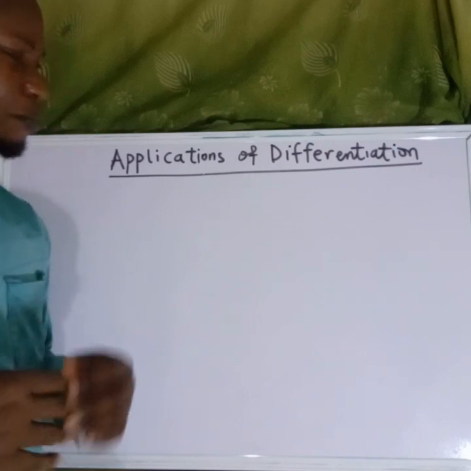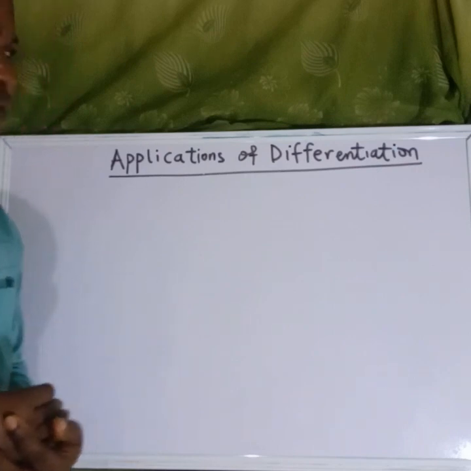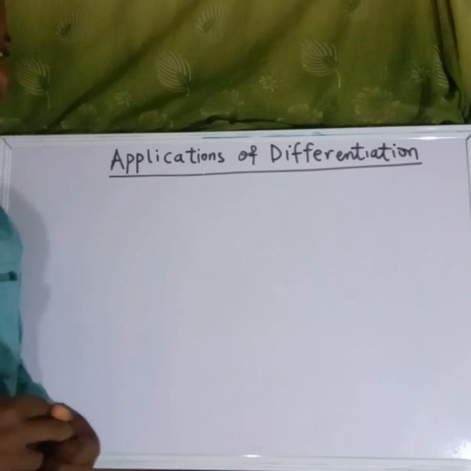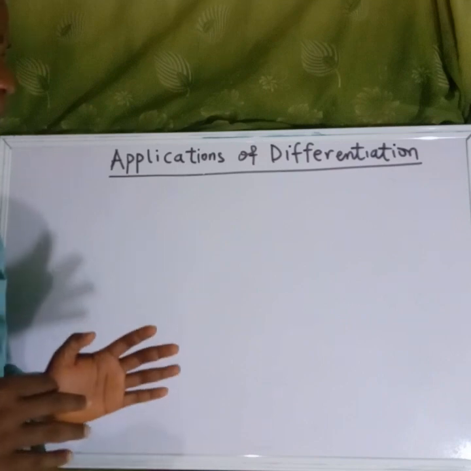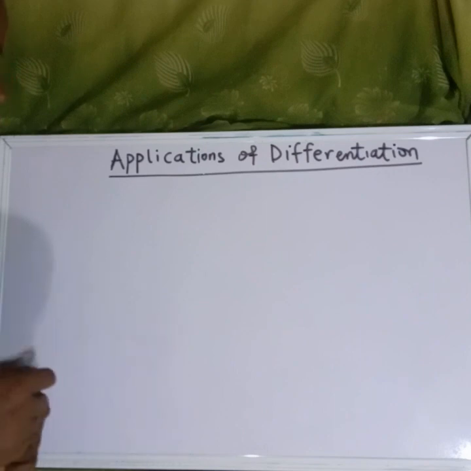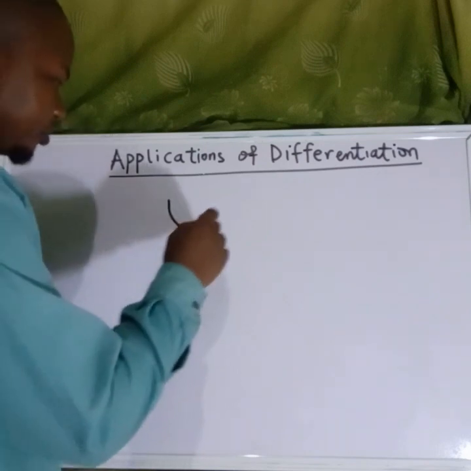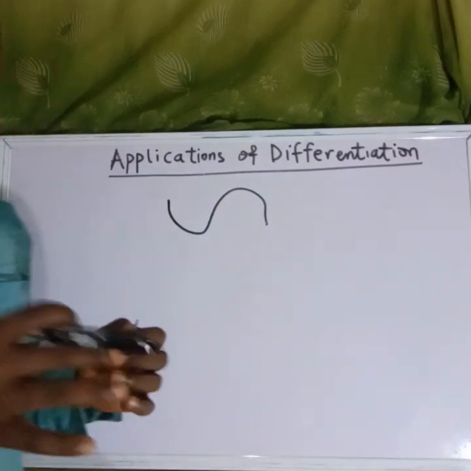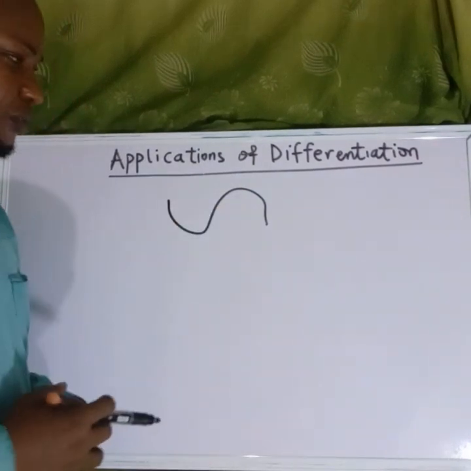Okay, so when we say maximum and minimum of functions, it is a concept we use to determine the shape of a graph. And this notion is mainly used in an aspect of mathematics called optimization.